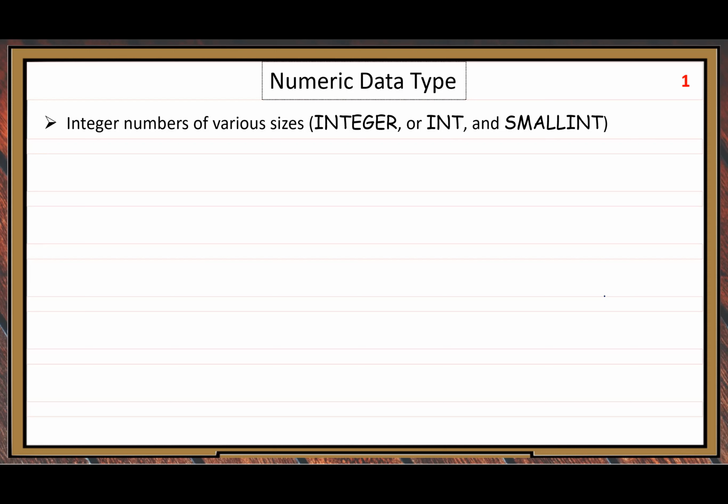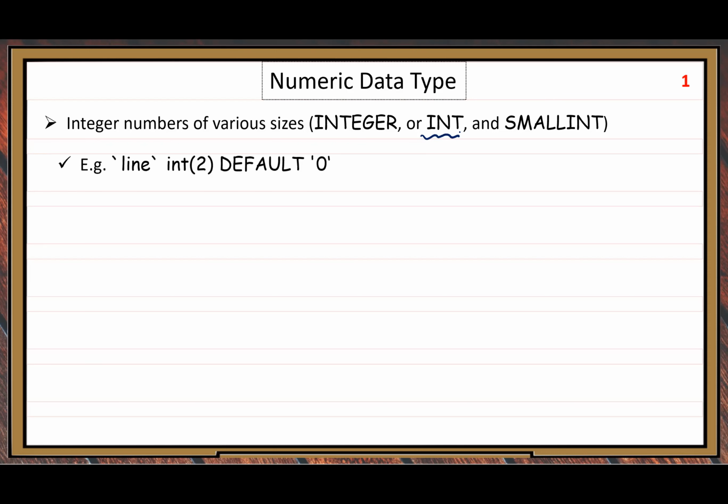Integer or int, small integer, with various sizes. But most of the time, we use the int case. Int can cover from small sizes to larger sizes, so it is very convenient.